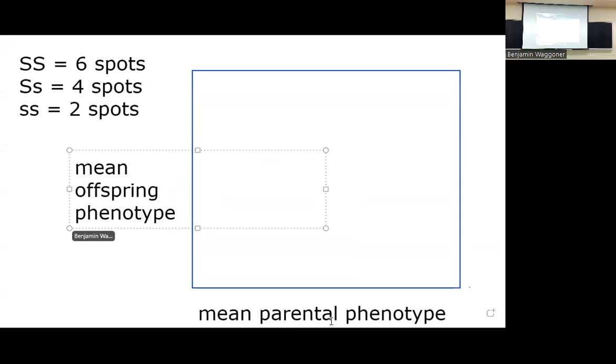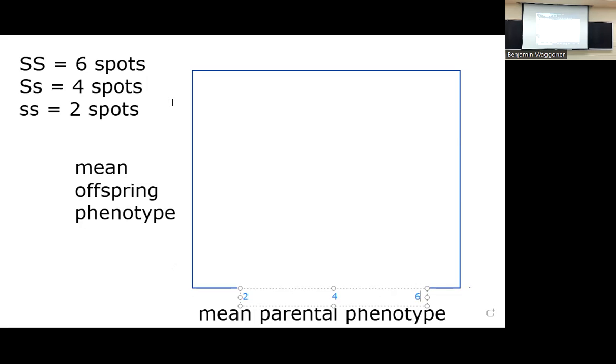And let's put some numbers here. Put them in a different color. Why not? 2, 4, 6.